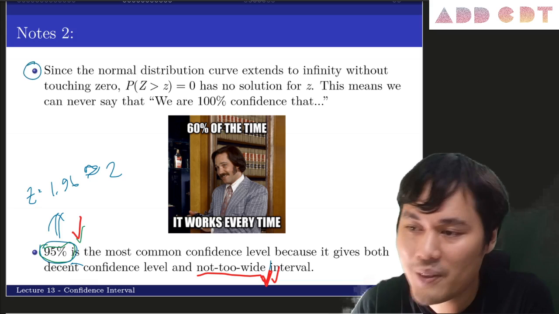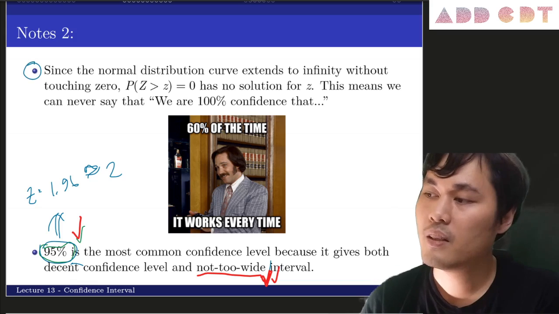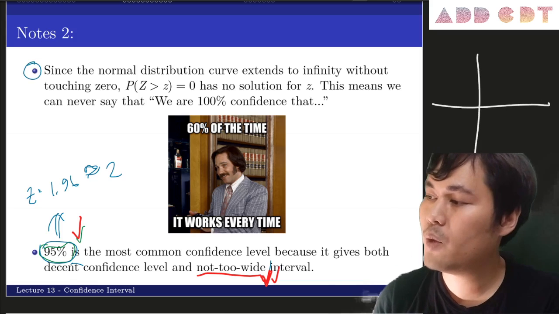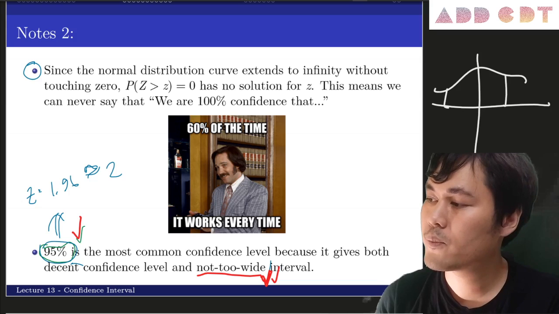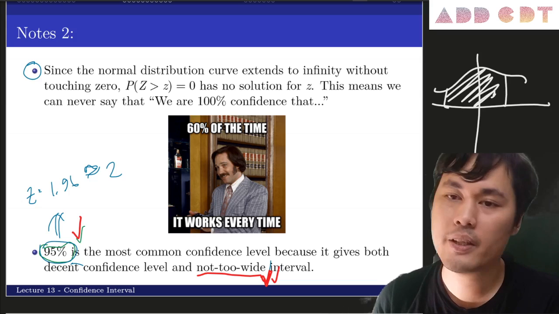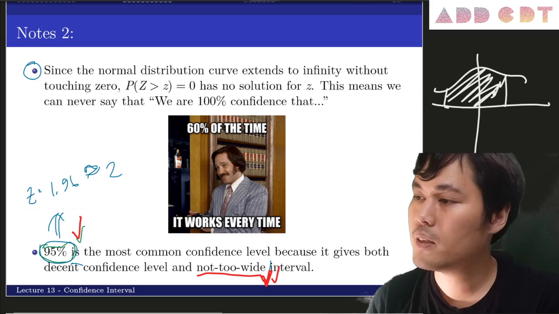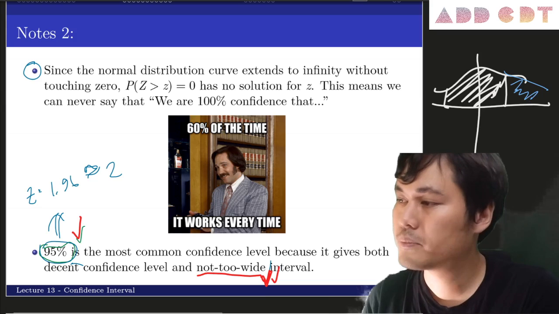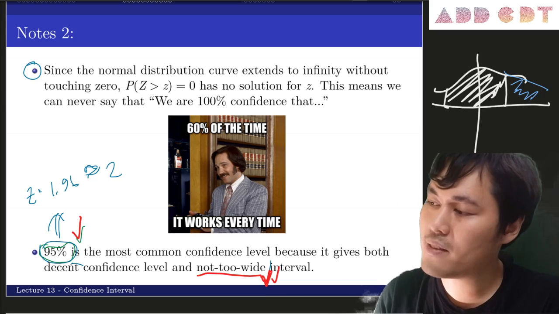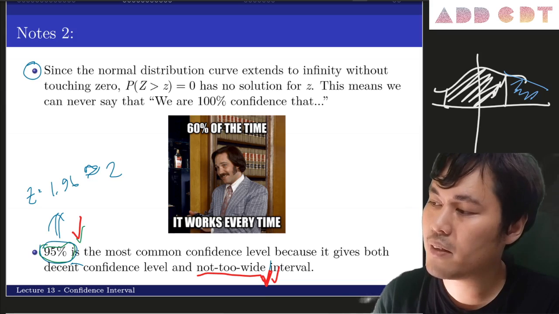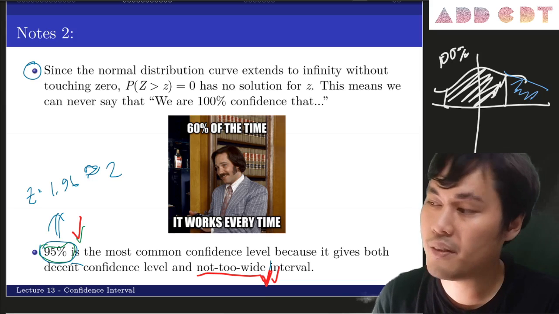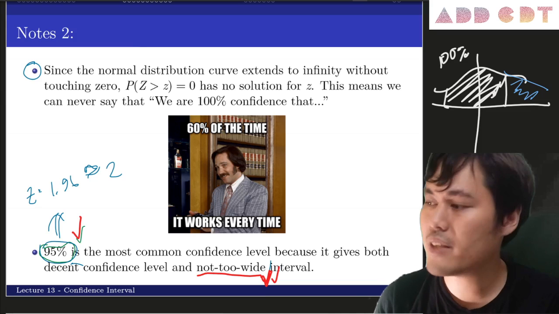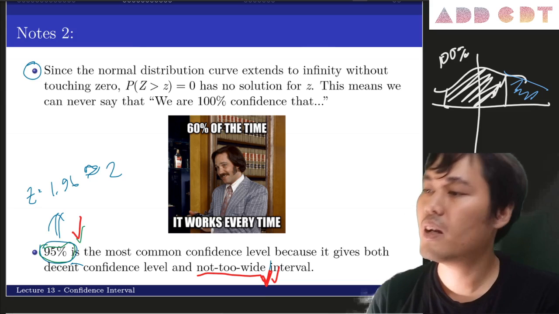And the last note is that since we look at the area, we want to have some area here and something else there. You may ask, can we get 100% confidence in this range? The answer is yes, we can.